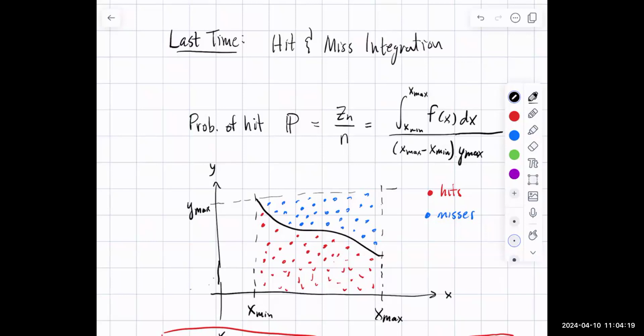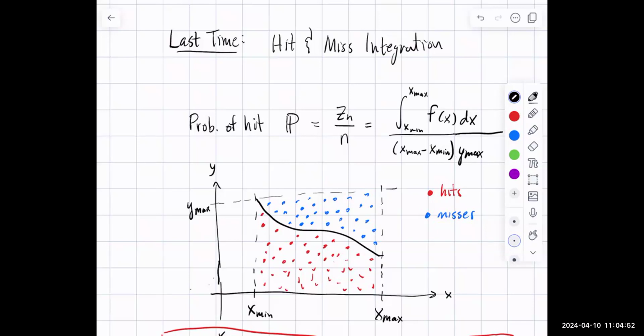And the ratio of hits to the total number of points is proportional or equal to the ratio of the area under the curve divided by the total area. The area under the curve is just the integral of f of x, and the area of the box is just this x range times the y range, which in this case is just y max.